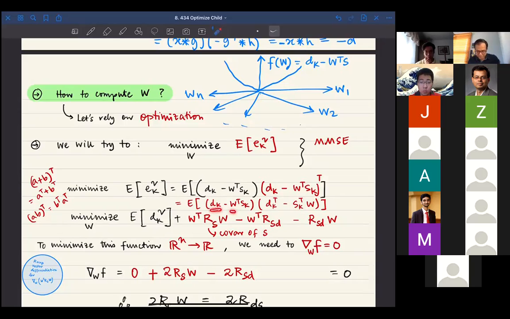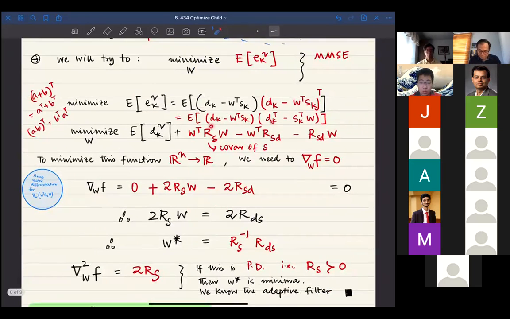So DK minus WTSK, DK transpose minus SK transpose W, because I brought this transpose inside the brackets. Remember, we said A plus B transpose equals A transpose plus B transpose, but also AB transpose is B transpose A transpose. It flips.